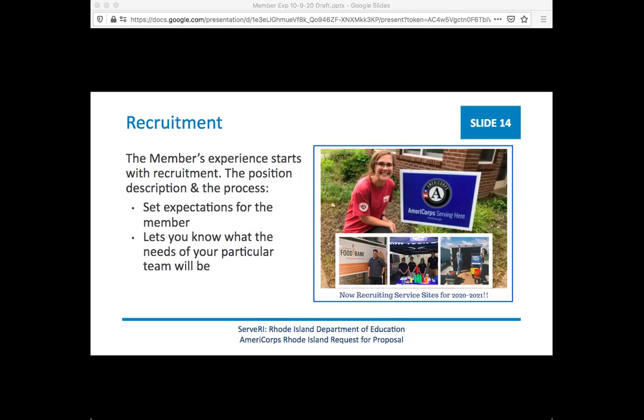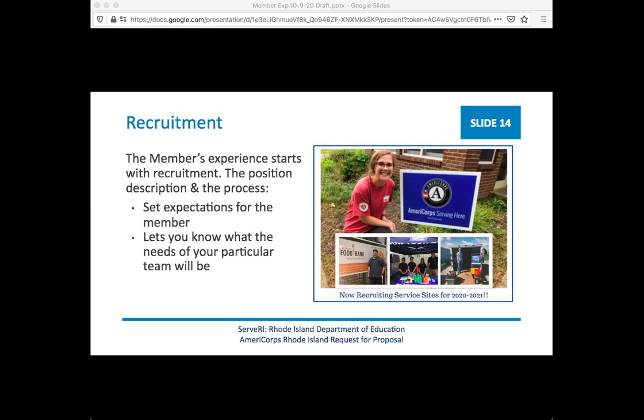You really can end up with mismatches in your member experience when someone comes and says, "Well, nobody told me that two-thirds of my time was going to be spent doing X, Y, Z." So how can you clearly communicate to them, and how can you also model the kind of communication style that you want from them? And then you learn from them in the process.